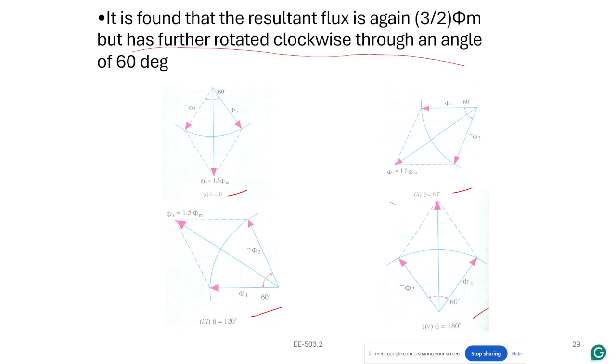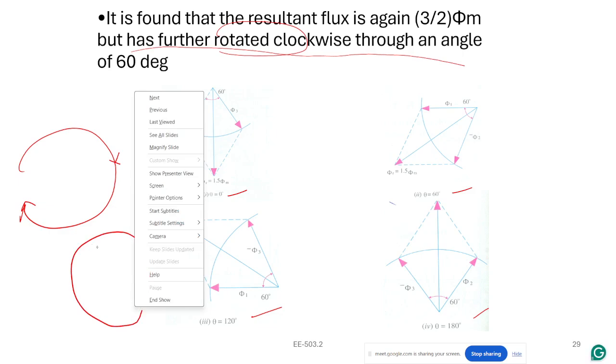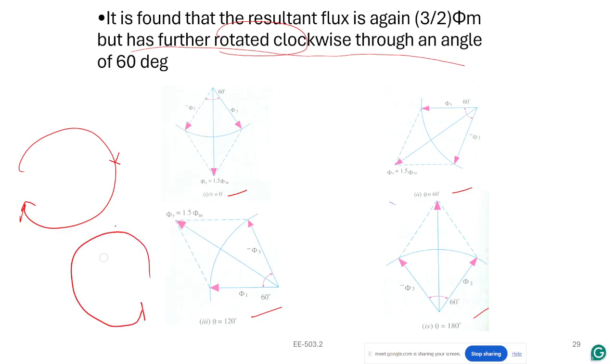Rotating clockwise means like this, if we rotate in this direction. Anti-clockwise direction means in this way, opposite to how a clock rotates. Here we are considering the clockwise direction.